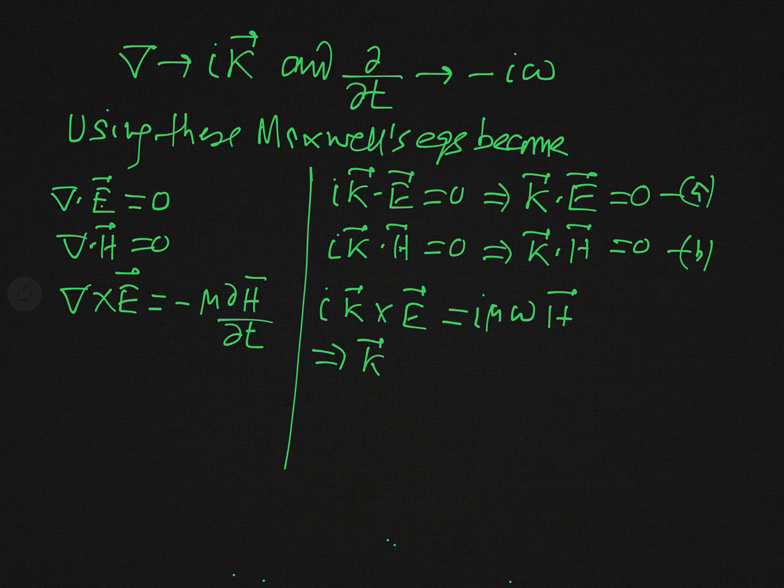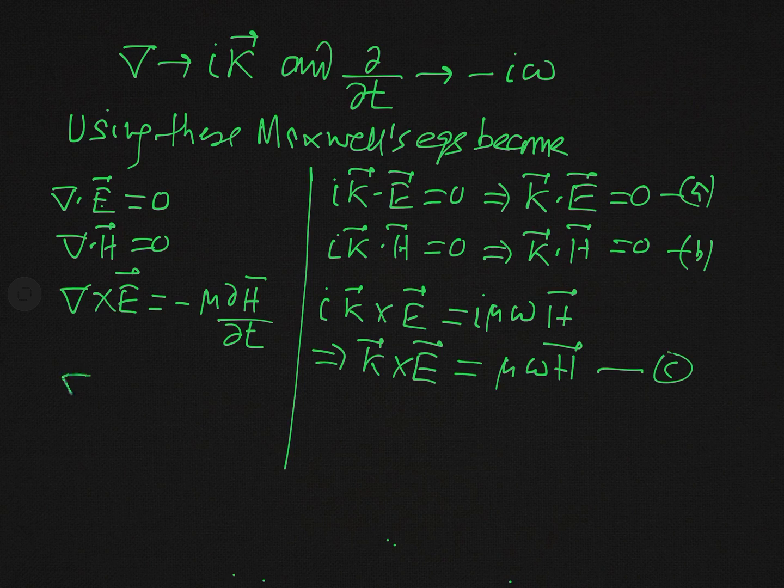After the cancellation of this i, the equation will be k cross E equal to mu omega H, and say this is equation C. k cross E equal to mu omega H.